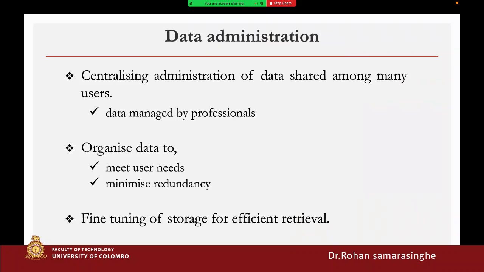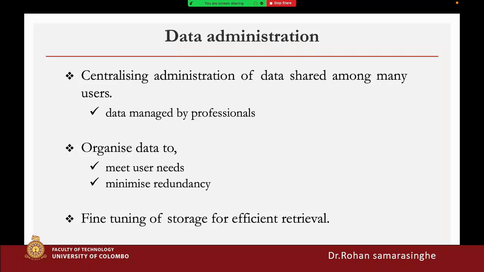Then the administration. Administration means centralizing the administration of the data shared among the users. Data is managed by professionals and organized to meet user needs and minimize redundancy. Minimizing redundancy means the data can be seen only once.